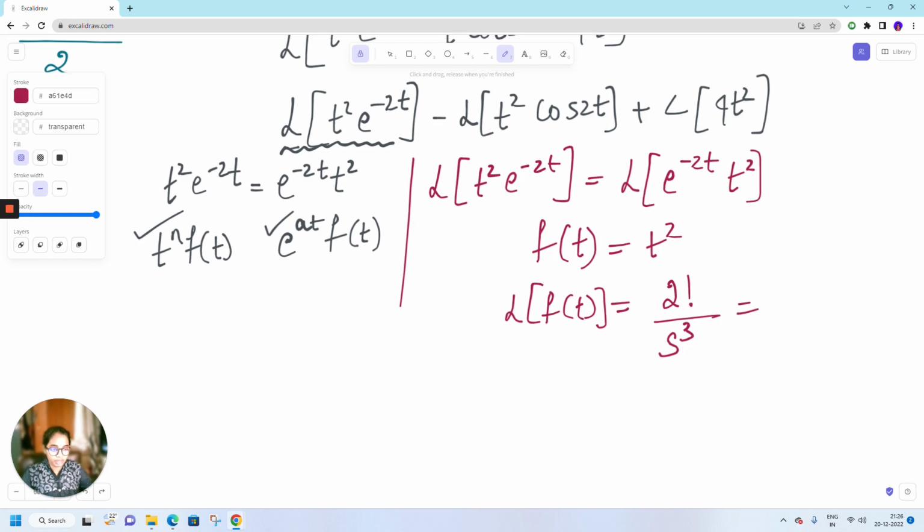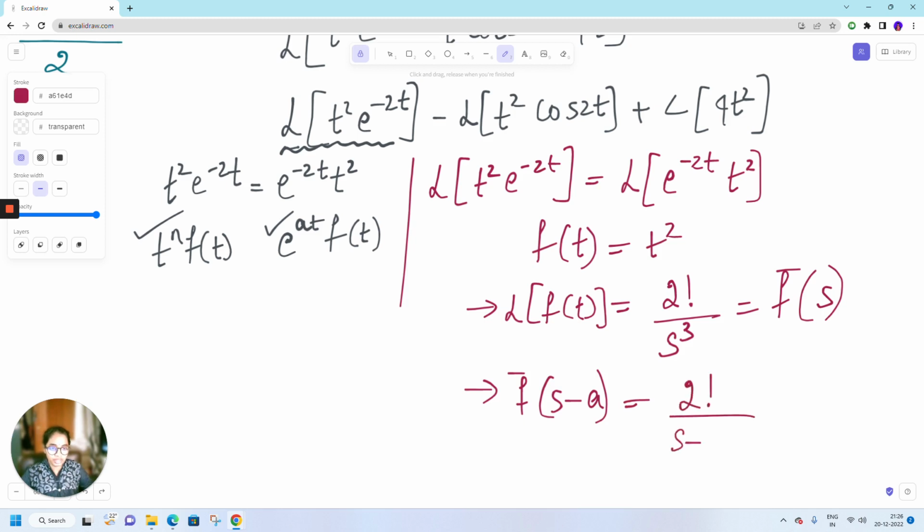This is equal to what? f bar of s. In shifting property, after finding Laplace of f of t, if this was the first step, what was the second step? It was to find f bar of s minus a, right? Wherever you have s, you just replace it with s minus a. What do you have in place of a? Observe.